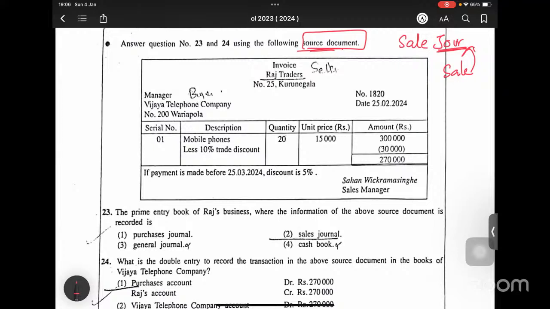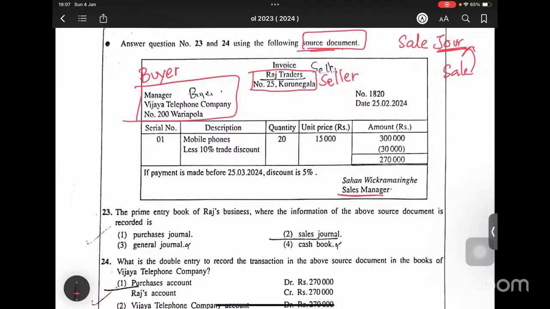In any invoice, on the top will be the seller, and this side will be the buyer. And this is the sales manager who is responsible for this invoice. So here Raj Traders is the seller and Vijay Telephone is the buyer.